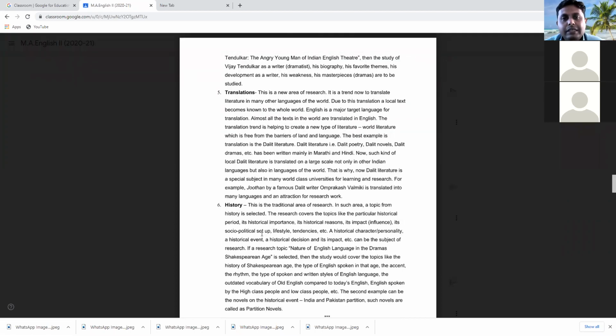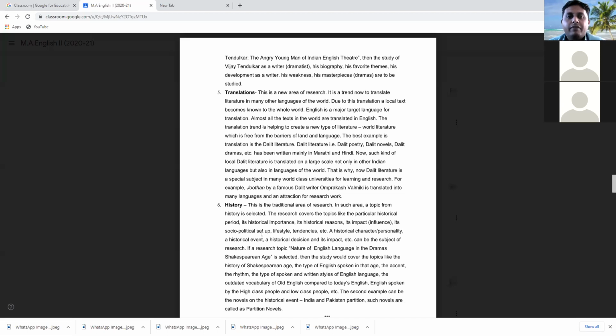So if we go towards translation, this is a very new area of research. We know that due to globalization, one language influences the other, right?